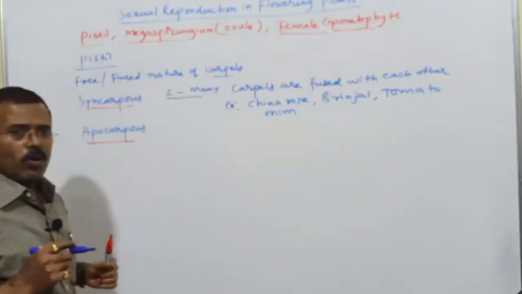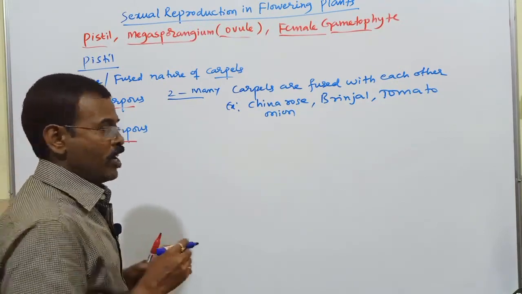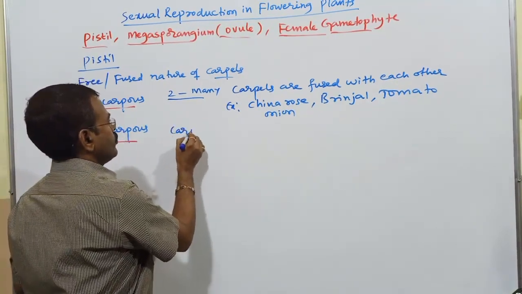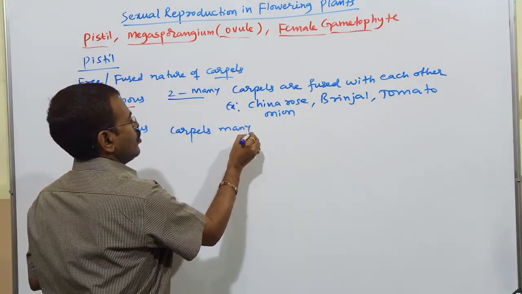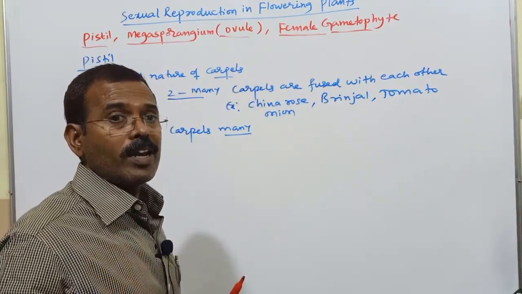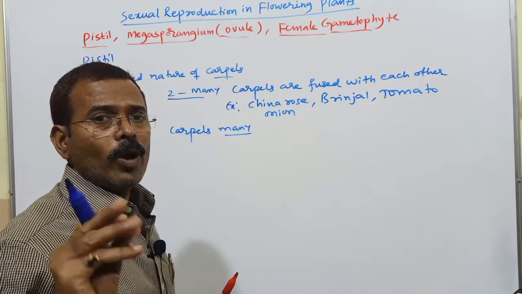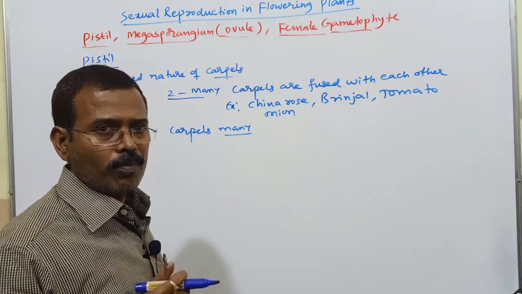Then you have apocarpous condition. In this apocarpous condition, carpels are many. Usually you call it polycarpellary or multicarpellary. When more than 5 are there, then you call it polycarpellary or multicarpellary.